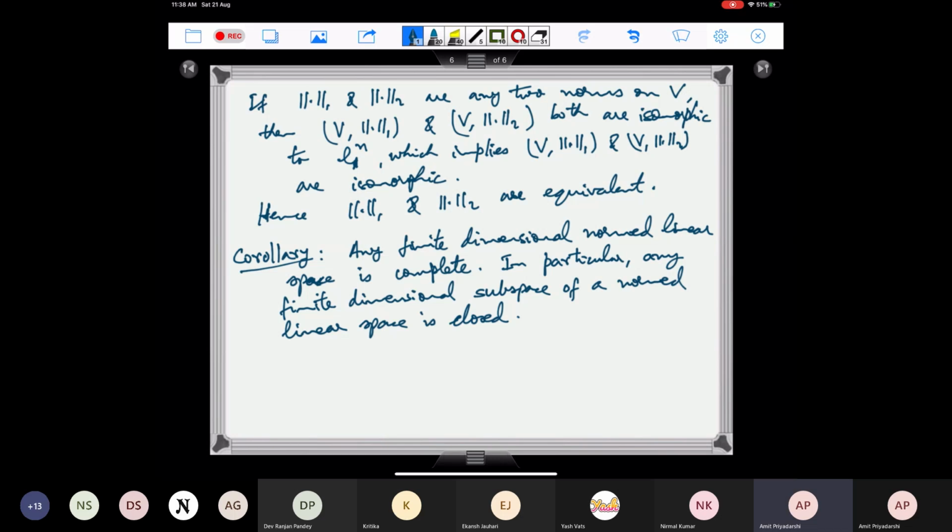And the other one follows because if we have any finite dimensional subspace of a normed linear space, then that is a finite dimensional normed linear space, so it must be complete, and any complete subset of a metric space must be closed. So next, let's show that on an infinite dimensional normed linear space, we can have two norms which are not equivalent.